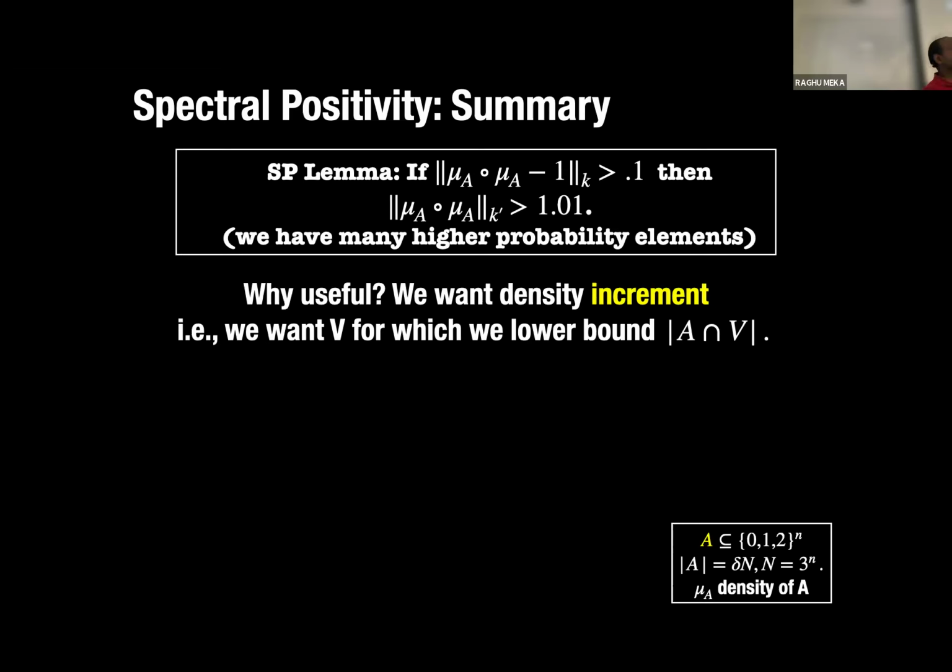Downward deviation just tells me that there is a subspace where I have fewer elements than before, but that's completely useless for me in terms of induction. It's only when I have an upward deviation that I can say that I have more elements than before. Upward deviation means there are elements which I'm giving more probability to than before, which is what we want. We want density increment: a region where I have more probability than before. So that's why the switch is conceptually very important.